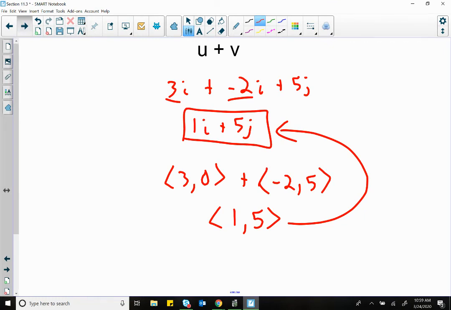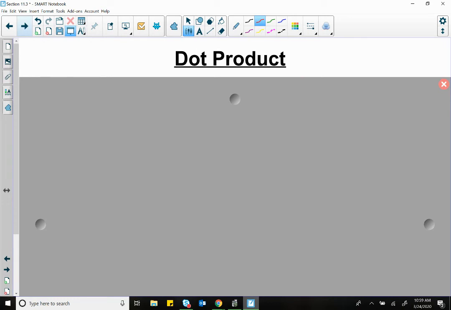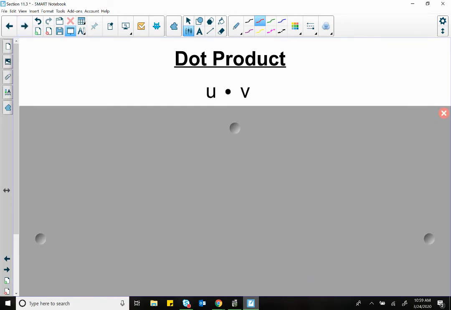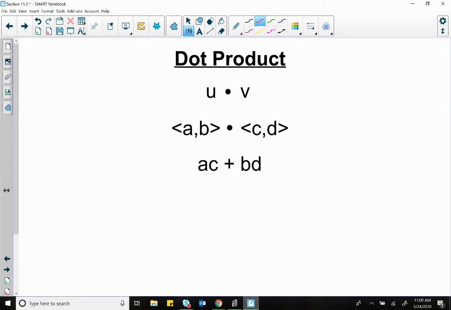All right. Let's see what else we got here. Dot products. Nothing crazy there. So a dot product looks like multiplication. So that little dot there, it's kind of like multiplication, but it's called a dot product, okay? And so there's a nice little formula for it. It looks like this.